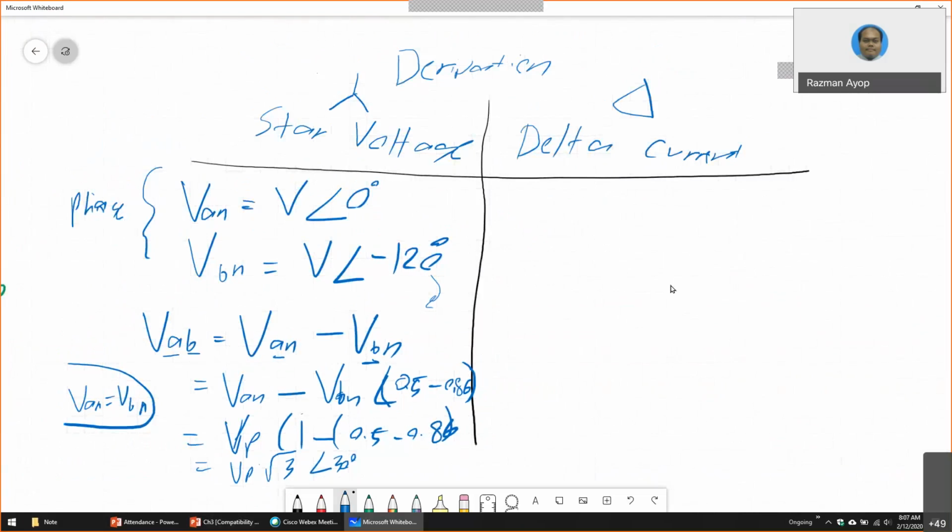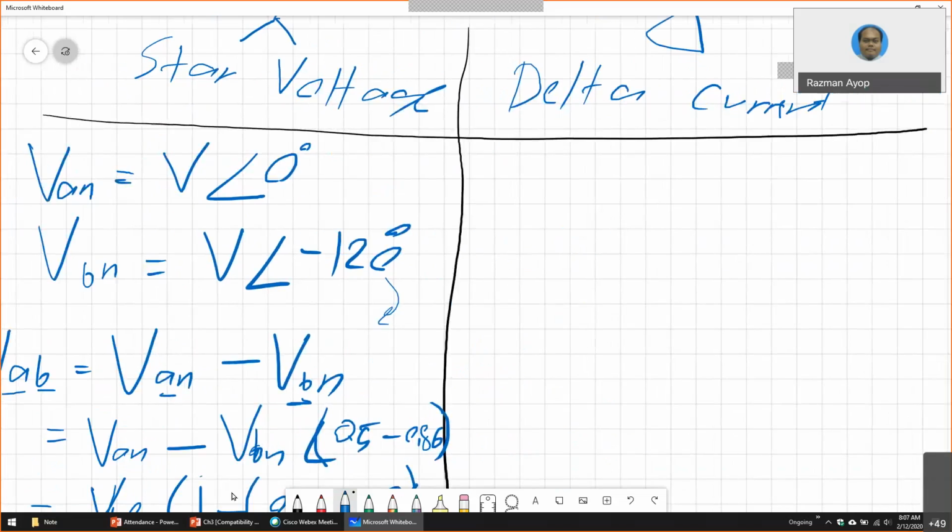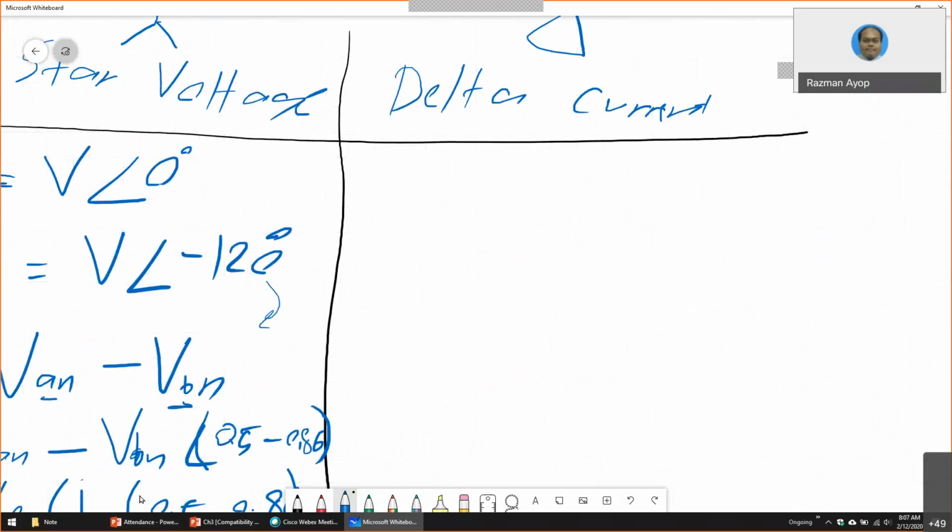How about delta current? For delta current, almost the same step. You need to know how to derive this because it will be asked in the theory. Same goes, use phase. For delta current, the phase current is IAB equals to IAB angle 0 degree.